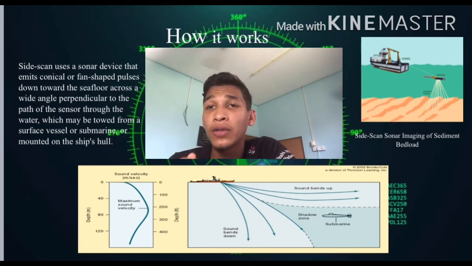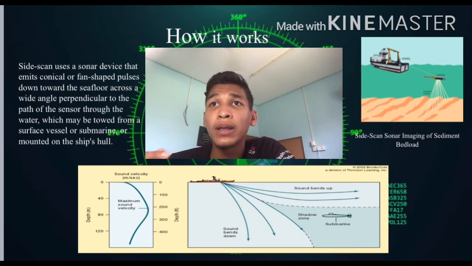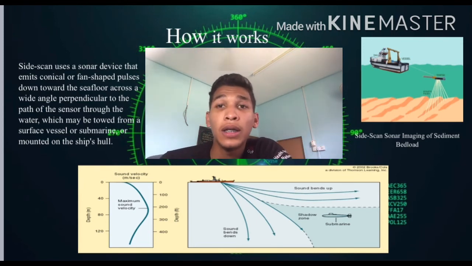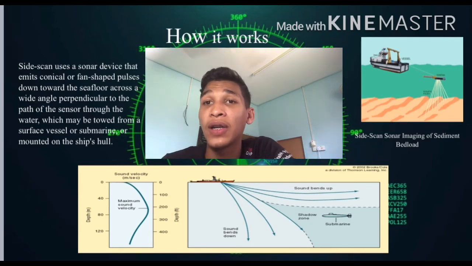When stitched together along the direction of motion, these slices form an image of the sea bottom within the swath of the beam. The sound frequency used by side scan sonar usually ranges from 100 to 500 kHz. Higher frequency yields better resolution but less range.